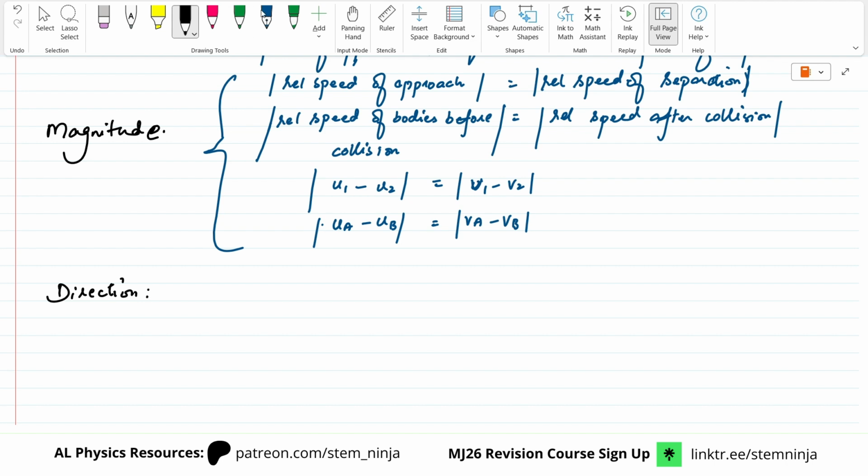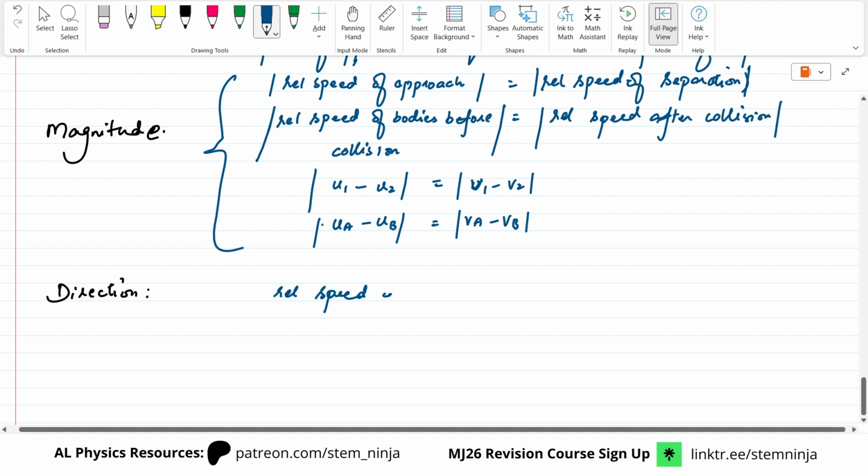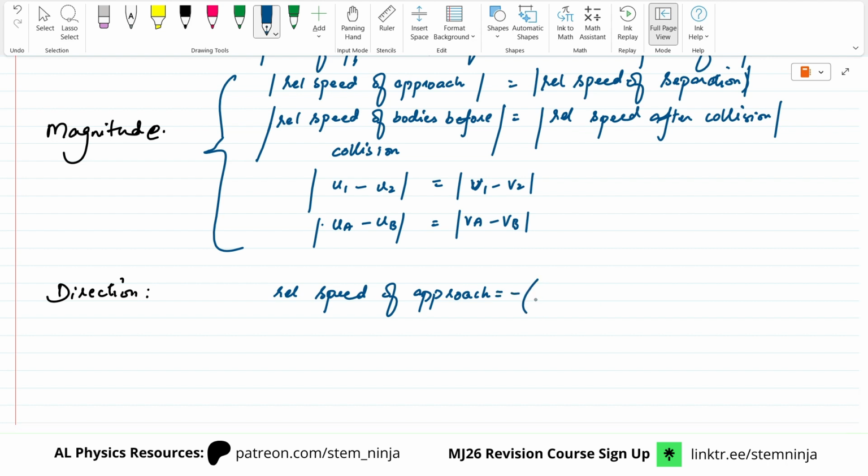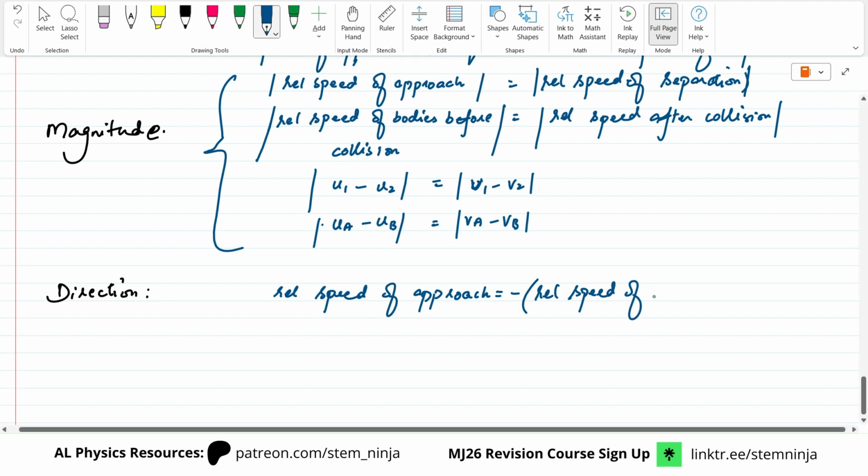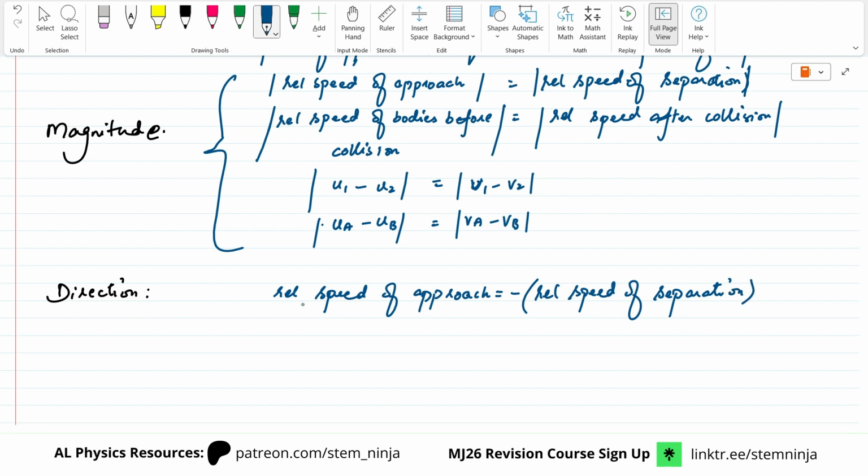So how we actually write this, like the full without the mod operator, is that the relative speed of approach is equal to negative of relative speed of separation. So you will have to pick one from one perspective, like with respect to which body.